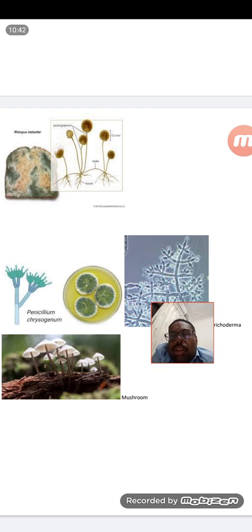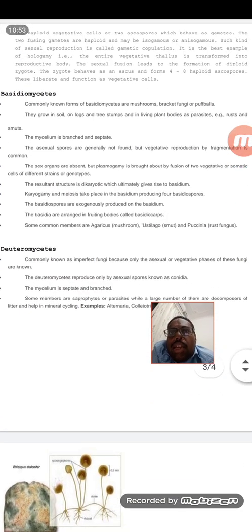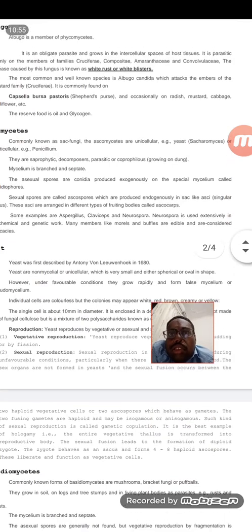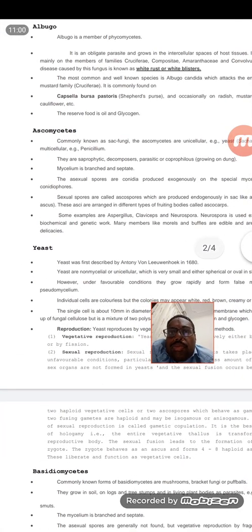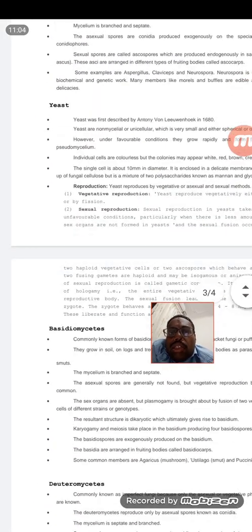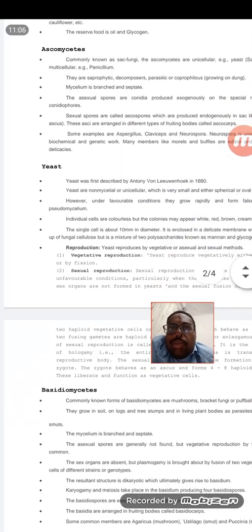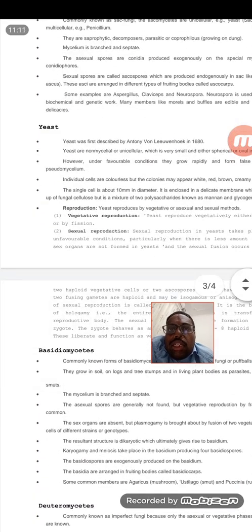Fungi are very useful to us. In the same way, fungus can cause diseases also. For example, Claviceps purpurea, which is coming under the ascomycetes. What they will do is, Claviceps purpurea will be found on the seed, that means rice and other seed.